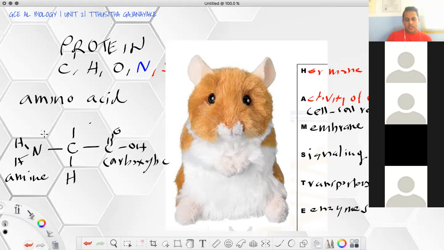Right, now there are 20 different amino acids. In all 20 amino acids, these three parts are the same. What is the difference? Only this group is different from one amino acid to another, so we call it the variable group.